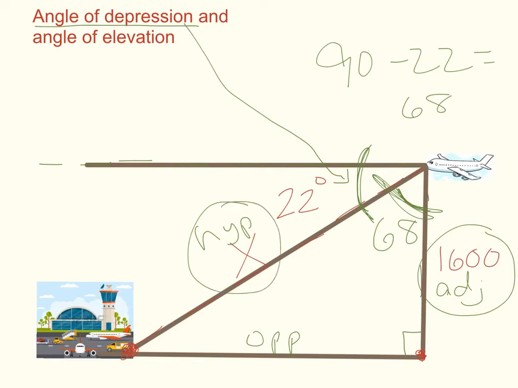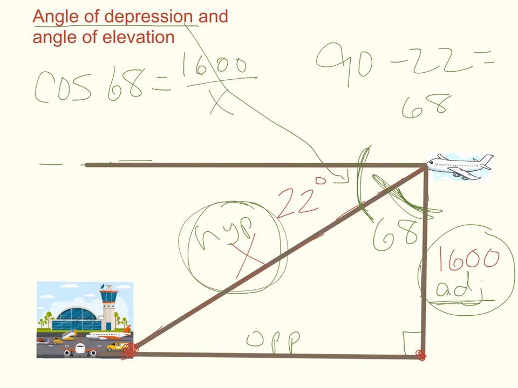I use my SOH-CAH-TOA trick, and I find that the cosine of 68 is going to equal the adjacent, 1,600, over the hypotenuse, which is x. And this is a problem where I don't know the hypotenuse, so I need to switch and divide. And so then I would have that x is equal to 1,600 divided by the cosine of 68.